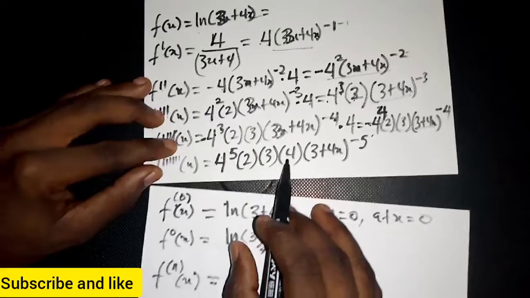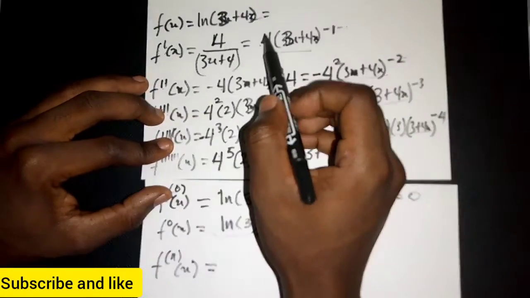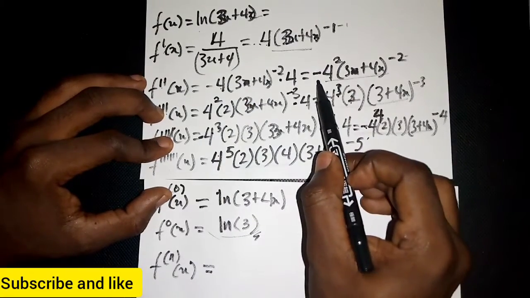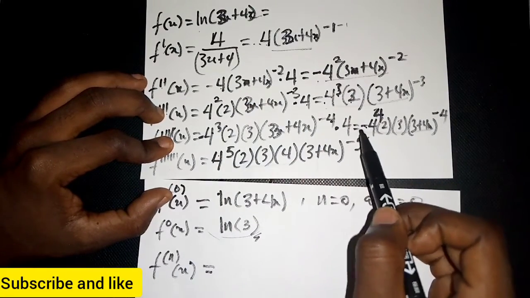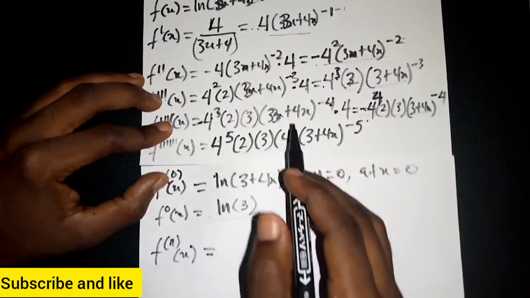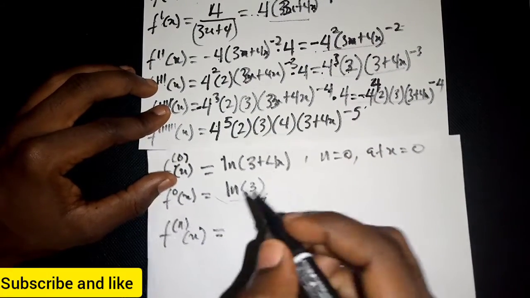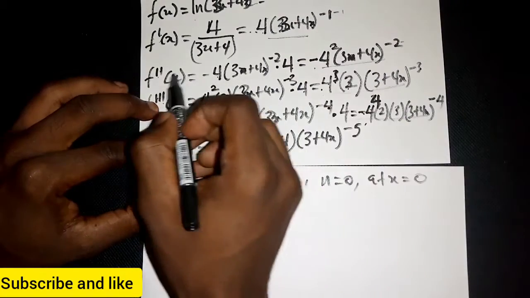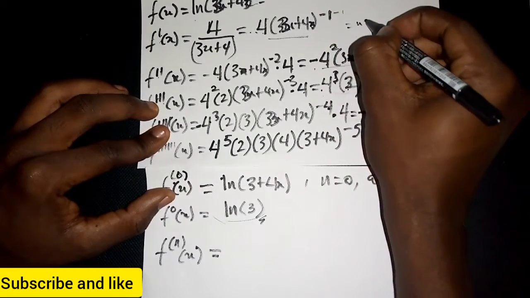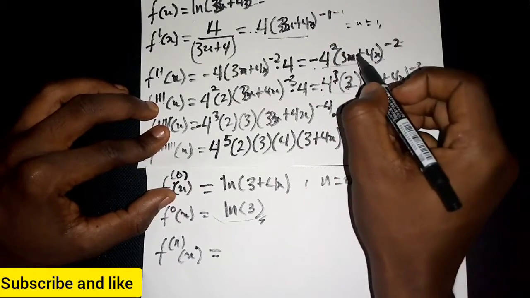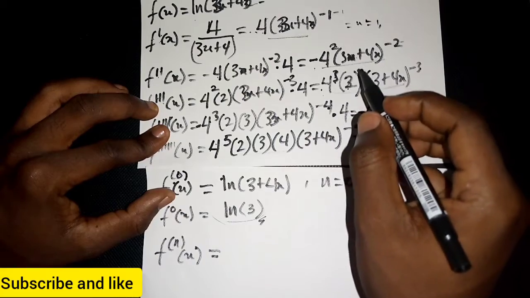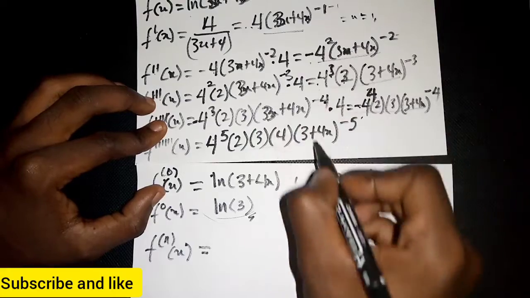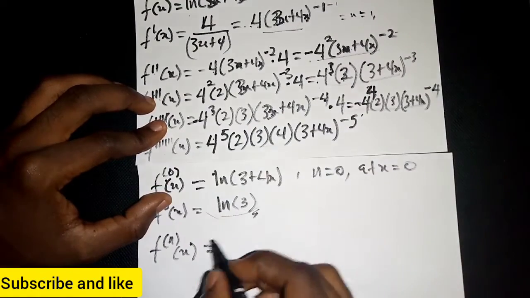So let's look at the first part. If you look at the first part, we have positive, negative, positive, negative, and positive. So how do we write it out? We realize that when n is 1, when n is 2, when n is 3, the trend was positive, negative, positive.